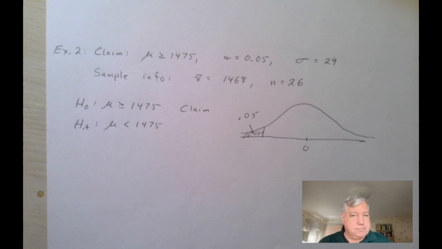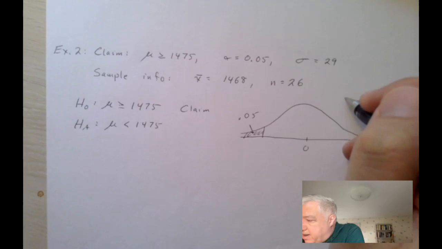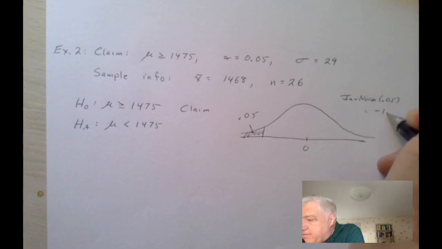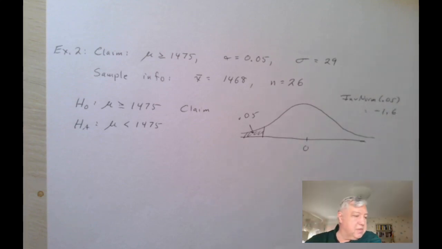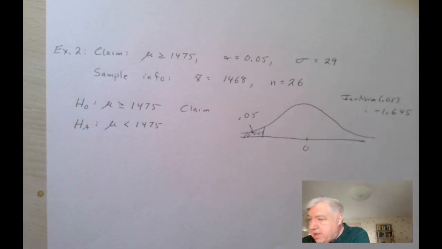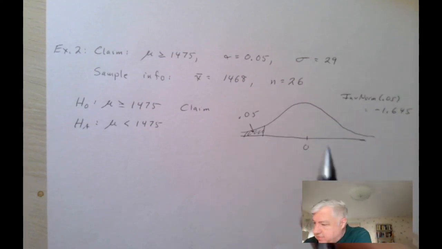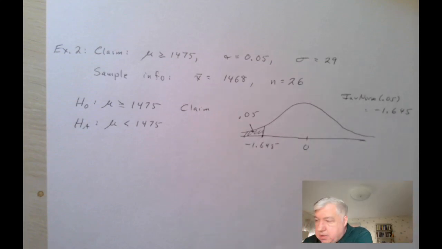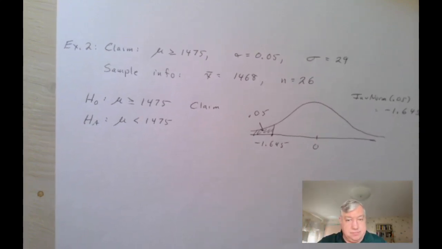And we can take our inverse norm of 0.05, and that turns out to be negative 1.645. Again, I think we've seen that number before. Okay, so that's our critical value.